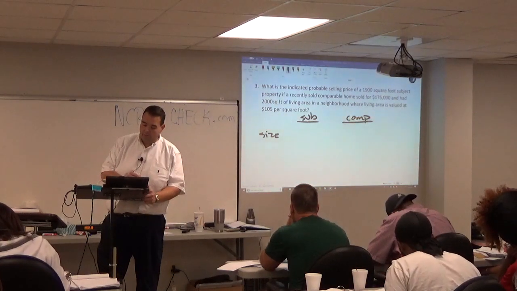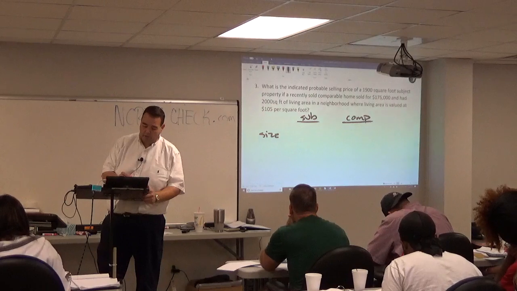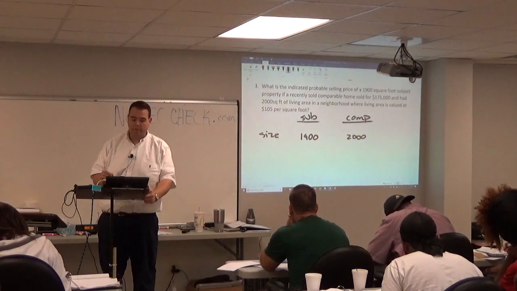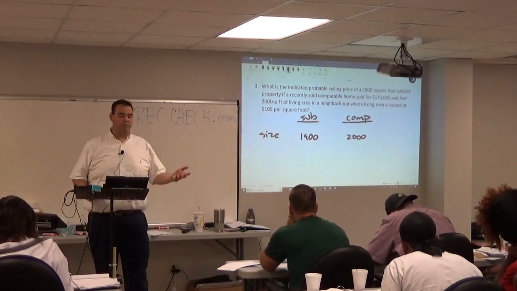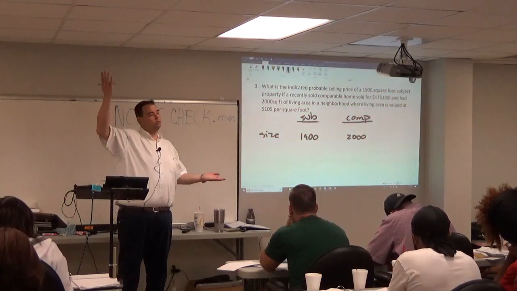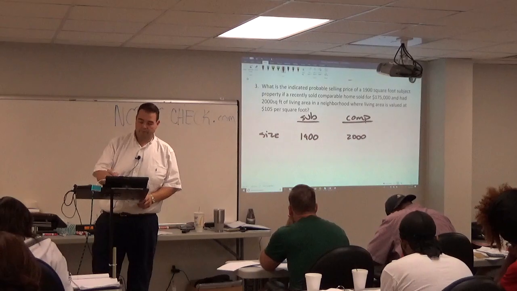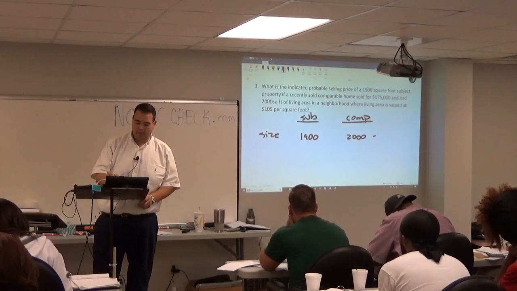And they tell me that my subject property is how big? 1,900. My comp is 2,000. All right. Now, subject's 1,900, comp is 2,000. Which way am I adjusting? Down. So that's a negative adjustment. Minus.